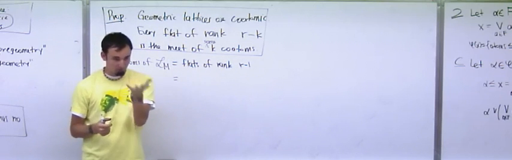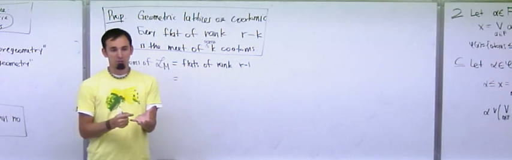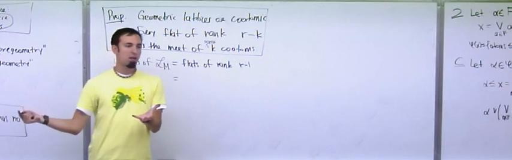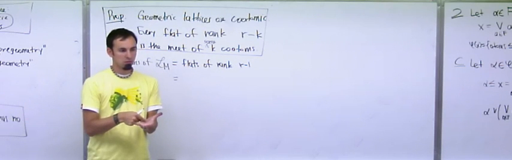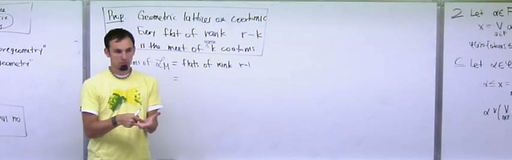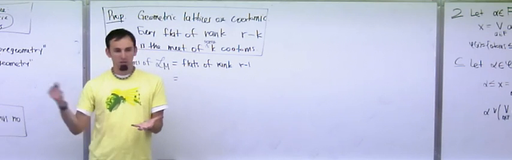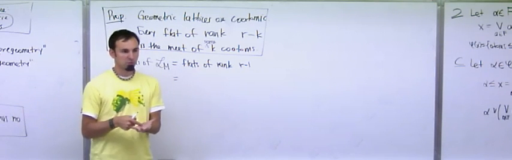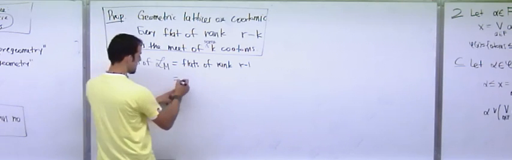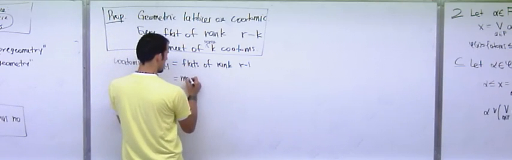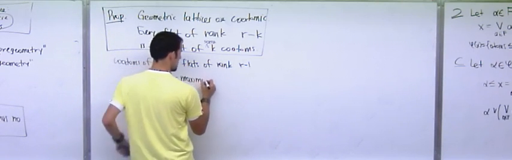It means we have a set that has rank R minus 1, and if you add anything to it, you get rank R, right? But rank R means spanning. So what it means is something that is not spanning, but as soon as you add anything else to it, it becomes spanning. In other words, it's a maximal non-spanning thing.